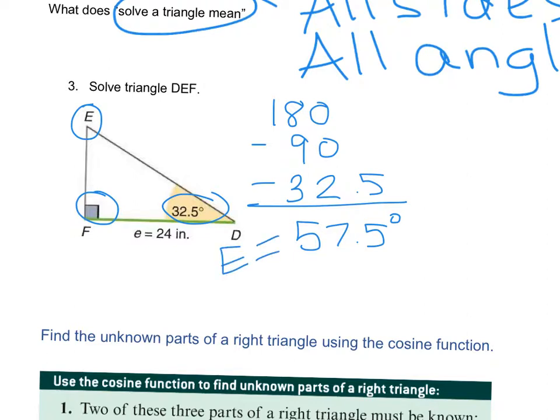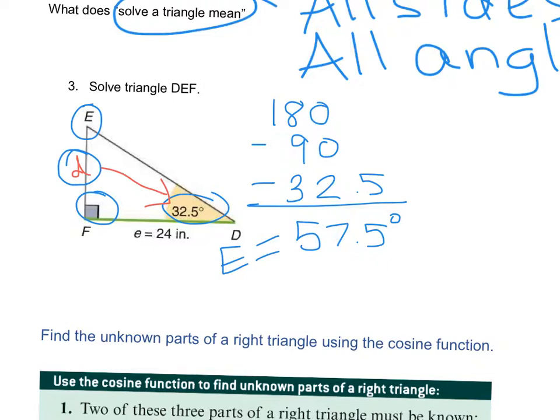Okay. Now, you can also use that piece of information to find your other sides. For example, you can use it to find the side that is missing across from angle D. They're going to label that with a lowercase d. Okay. And since you know the angle across, oh, just kidding.